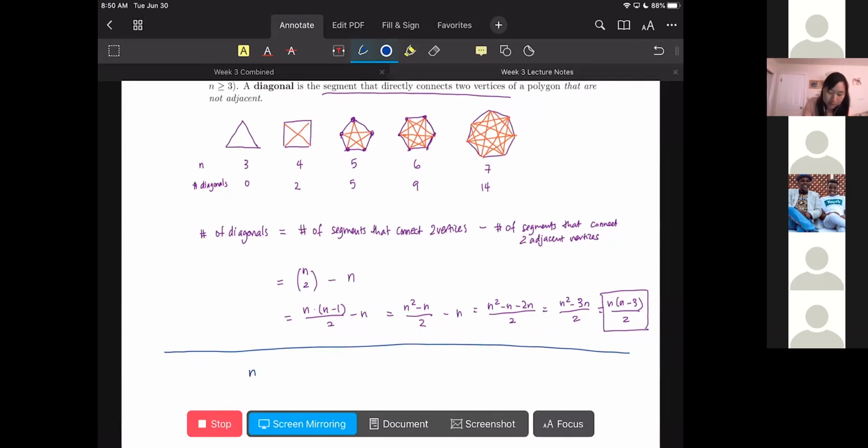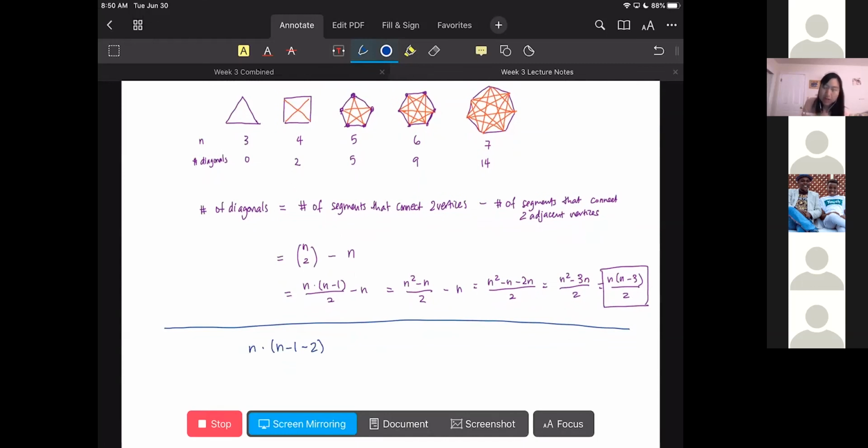There's n minus 1 other vertices that could be chosen, but 2 of those are adjacent, so we actually don't want to choose an adjacent vertex. So there's n minus 1 total other vertices, and we subtract out the 2 that are next to it, which gives us n minus 3.